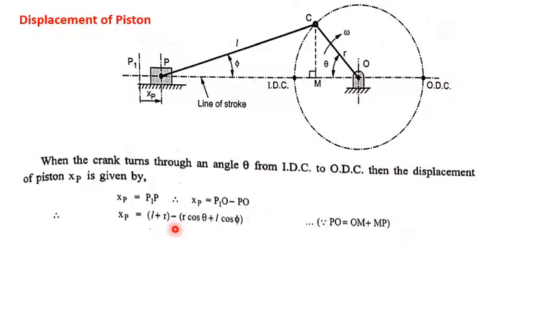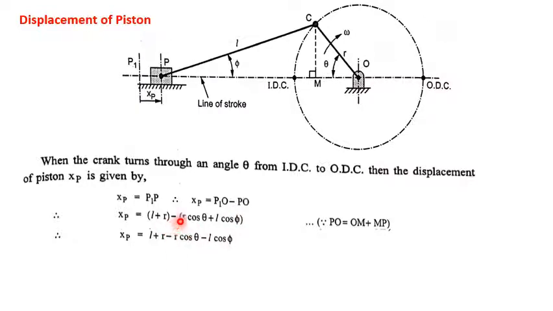In order to represent this displacement, everything should be with respect to one particular variable, but here we have two terms, one is phi and the other is theta. Either the equation should be expressed in theta or phi. So first we are going to simplify this equation.